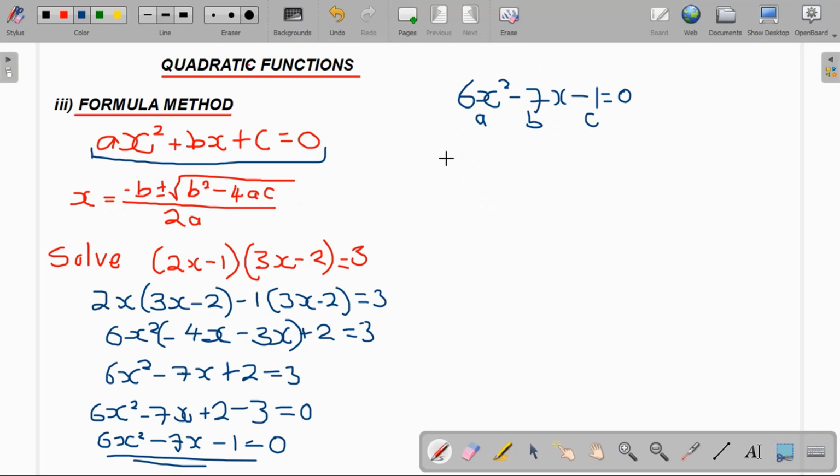We are going to say x is equal to negative b, this is the coefficient, which is negative 7.